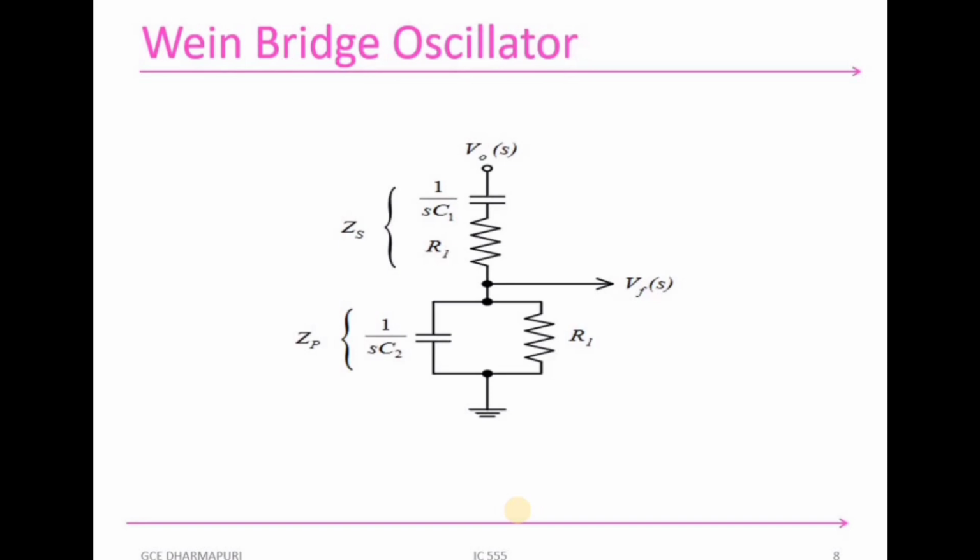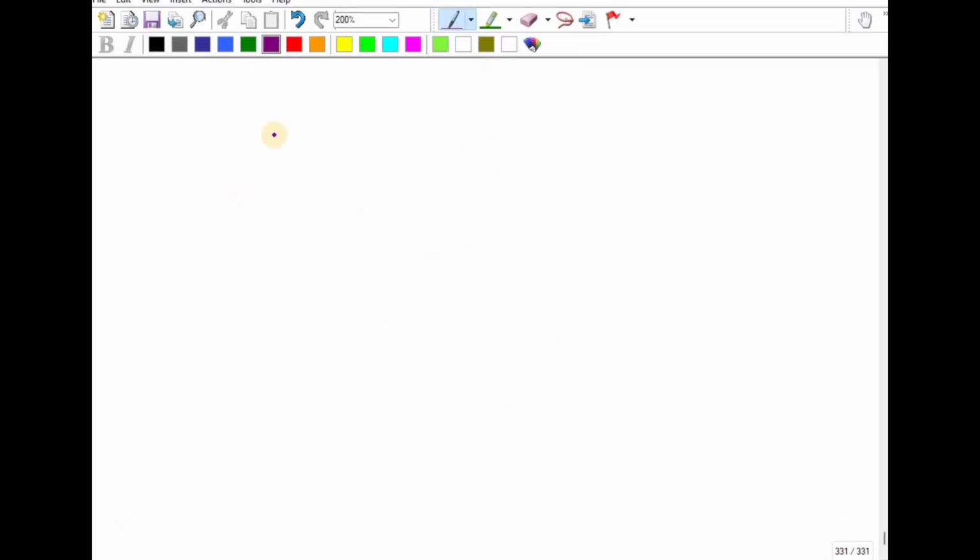You can see R1 and C1 are connected in series and R2 and C2 are connected in parallel. These two circuits form a lead lag network. From this I can write ZS is equal to R1 plus 1 divided by SC1, and ZP is equal to R2 in parallel with 1 divided by SC2.